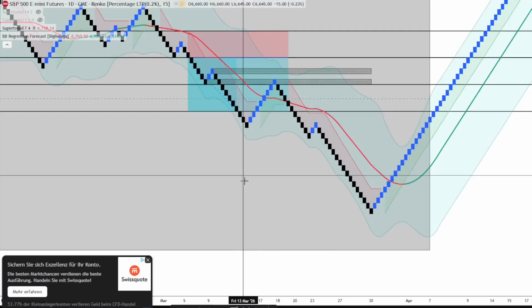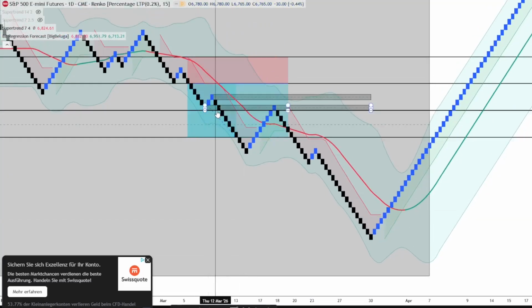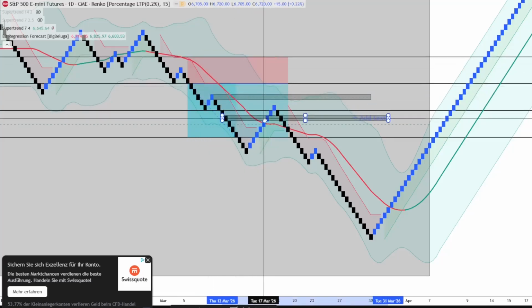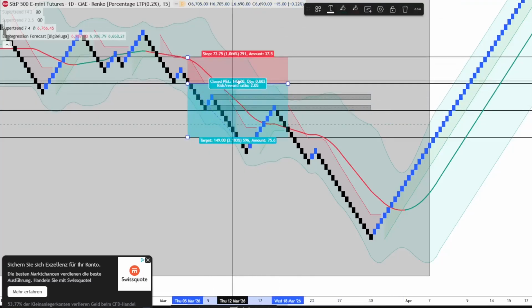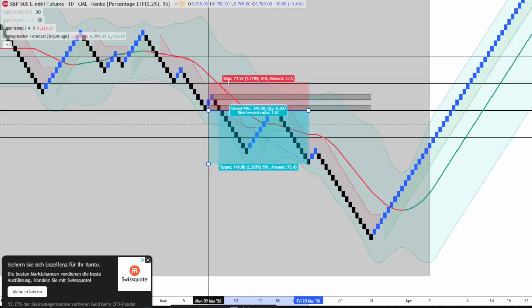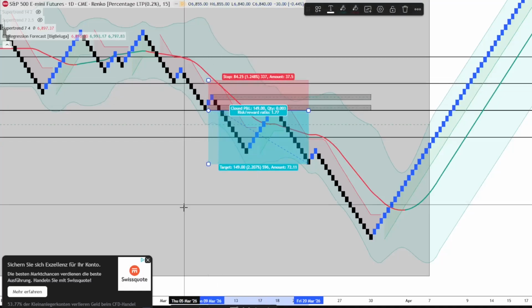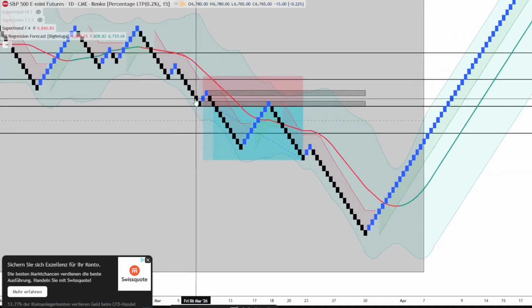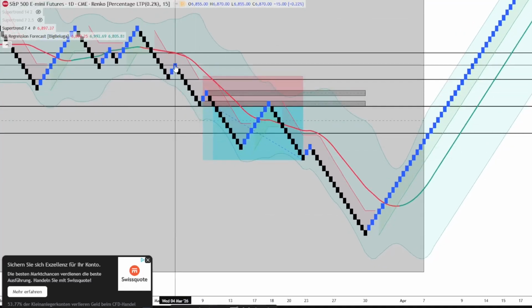So basically you enter again here, you can enter again here, like here, with the stop loss a little bit above, or if you want you can put it precisely, and then count again: 2, 4, 6, 8.